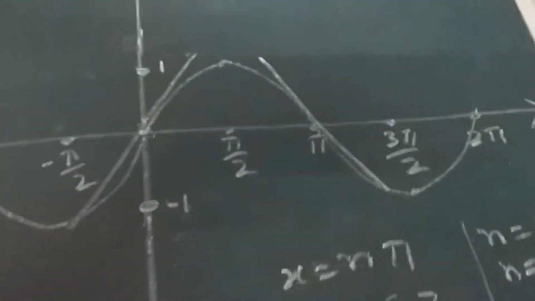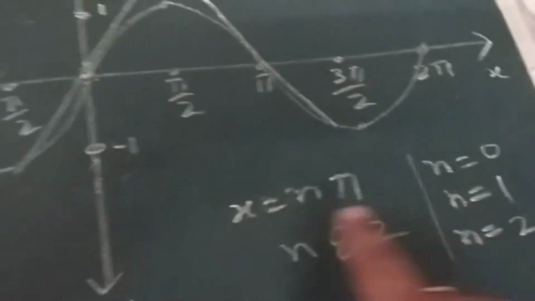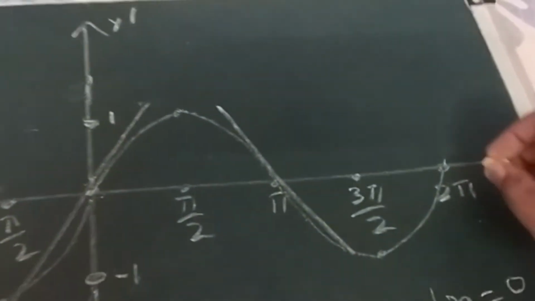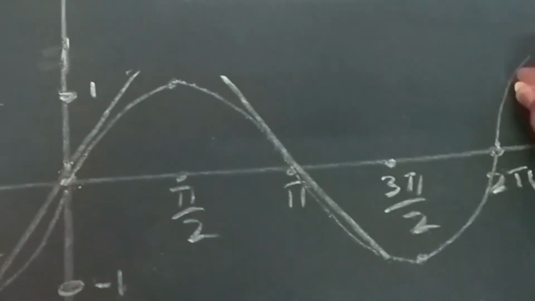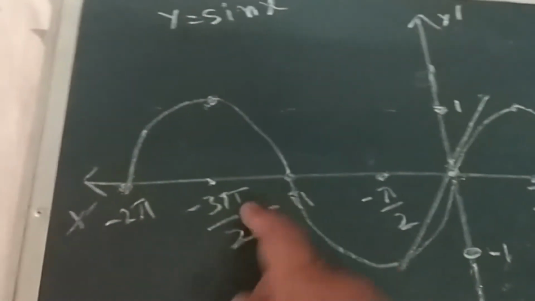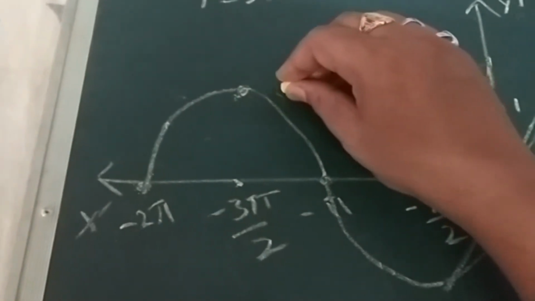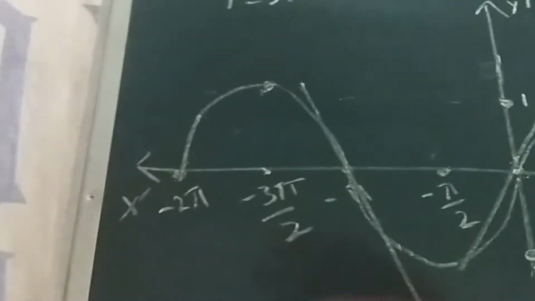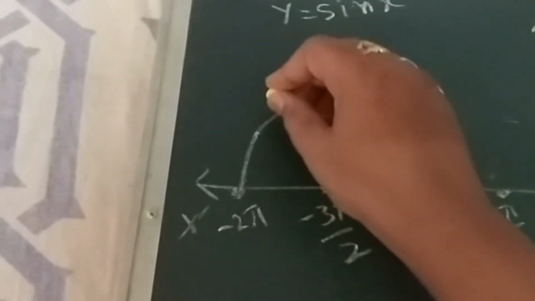And similarly, if I follow my process at n equal to 2 means x equal to 2 pi, here if I draw, the graph will be like this. If I draw another tangent, so tangents are looking like this, and if I follow this process here, x equal to minus pi, so the tangent like this. Here at x equal to minus 2 pi, the tangent like this.